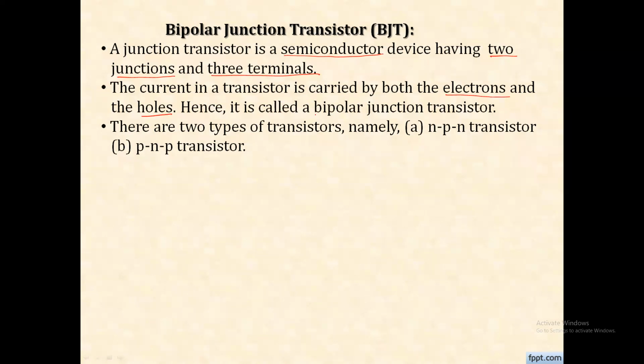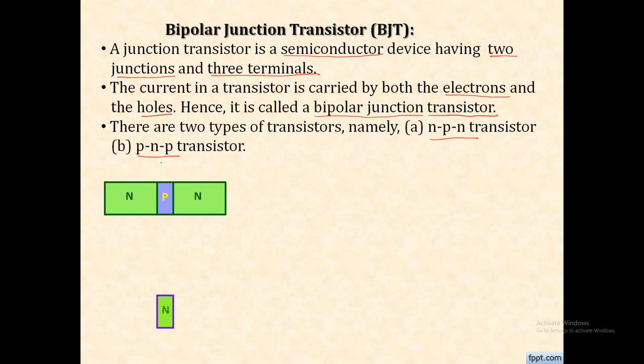Hence, it is called a bipolar junction transistor, as I already mentioned here. And there are two types. One is NPN, the other is a PNP type of transistor. And now see that if a P-type semiconductor is sandwiched between N-type semiconductor, then it is called an NPN type of transistor.